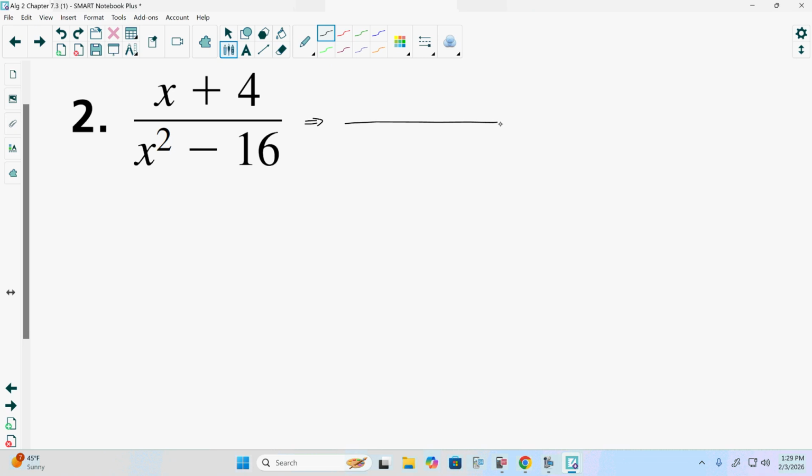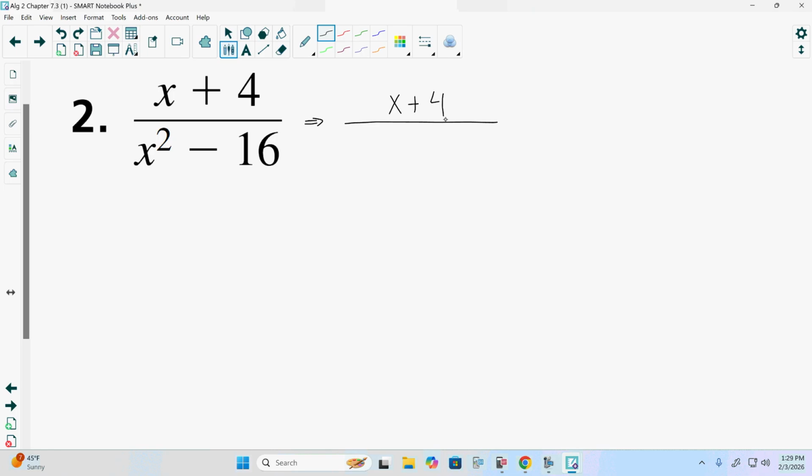Now, up to this point, I would have started with the x squared minus 16, because that is a difference of perfect squares, yes? But if you notice on top, the degree is 1. And if the degree is 1 of a polynomial expression, the only way we can factor it is with a greatest common factor. And since there's not a greatest common factor between x and 4, it's actually just x plus 4.